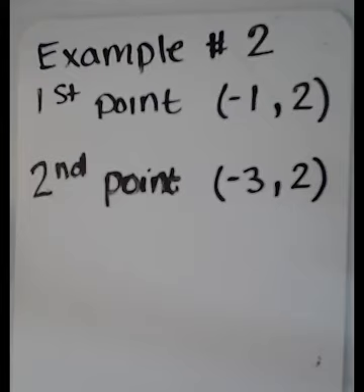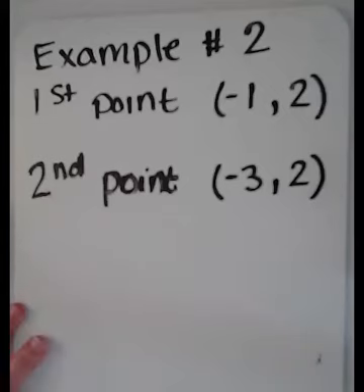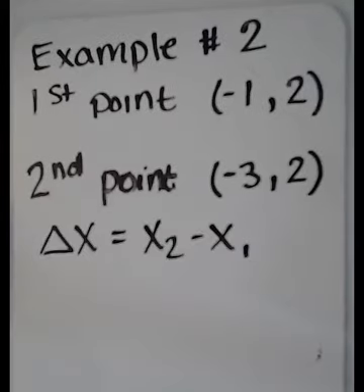Let's look at another example of how to find the horizontal distance between 2 points. We're going to use the same formula. The change in x equals x2 minus x1. This time our x values are negative, so we'll need to be careful when subtracting negative numbers.